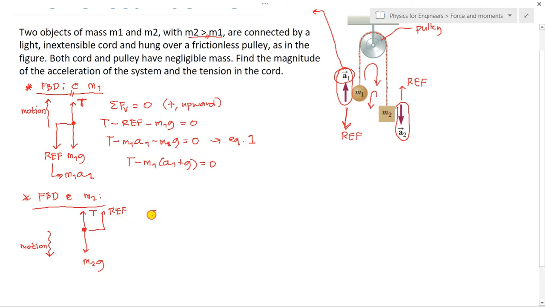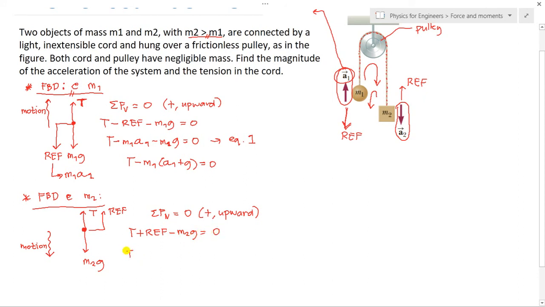Then the summation of forces along the vertical is equal to 0. Let's take the positive direction as upward. Since these are the vertical forces, we have tension plus the reverse effective force minus the weight, mass 2 g, is equal to 0.